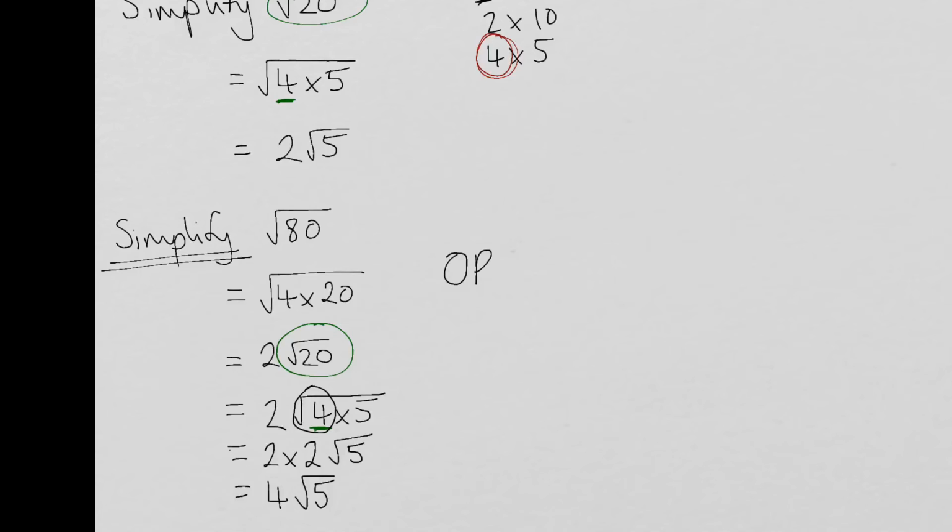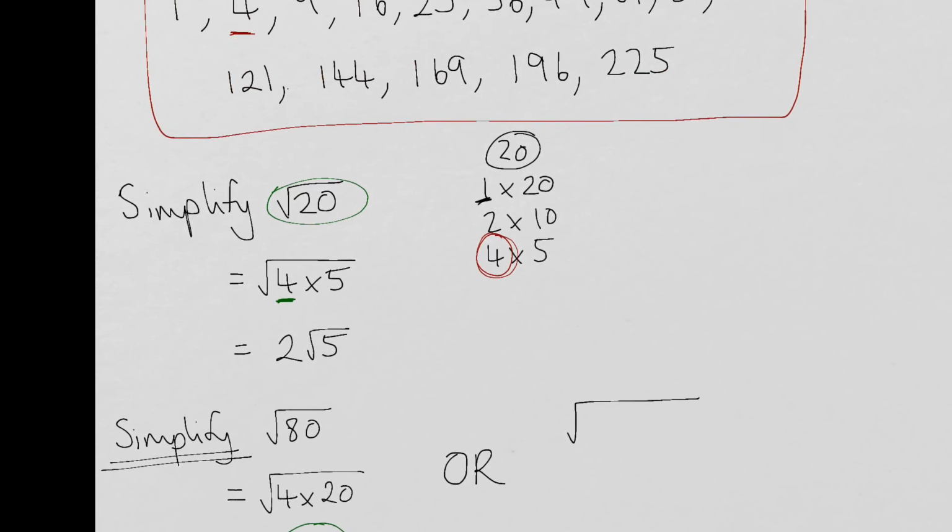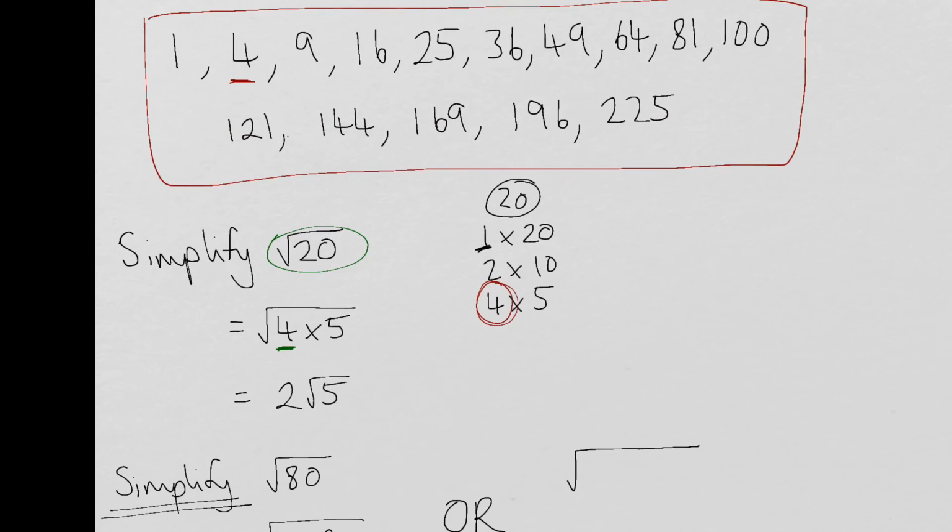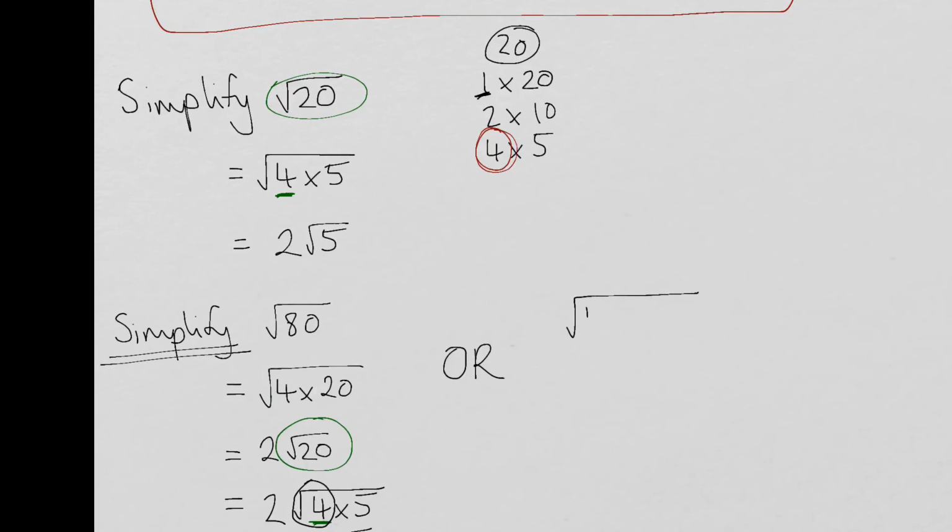There is a quicker way to do it, and the quicker way to do it is to find the highest square number that goes into 80. So if we look back at our numbers, or thinking about our factors of 80, actually 16 goes into 80. So 80 is the same as 16 times by 5, okay, so in the 16 times table.